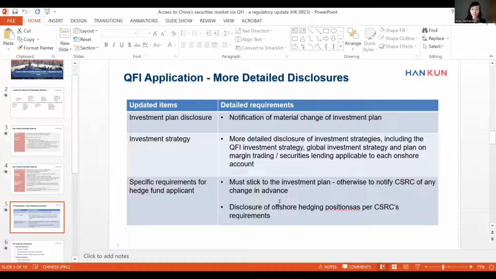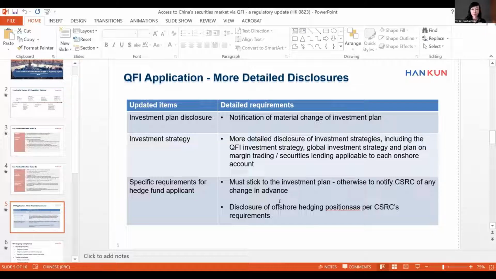Another requirement is that the application form includes an investment plan under the QFI license, which means you have to disclose to the regulators how you would like to utilize your license, right? And also the source of funds, etc.